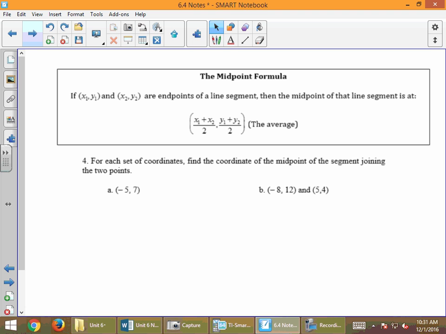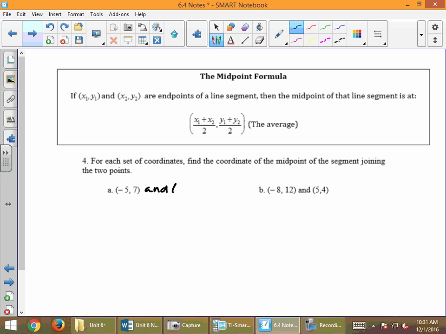You're finding the average of the x values, and the average of the y values. All you're doing is taking the x values, adding them together and dividing by 2. And then you're taking the y values, adding them together, and dividing by 2. And you're finding that point that's directly in between your given points. So when you're asked to find the midpoint, just think you're trying to find the average.